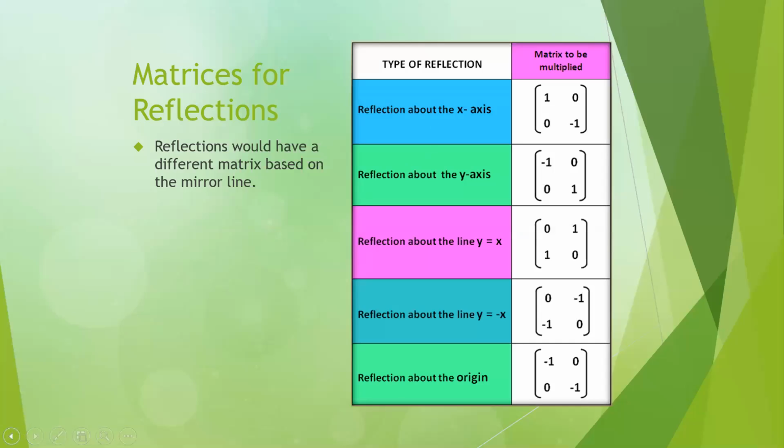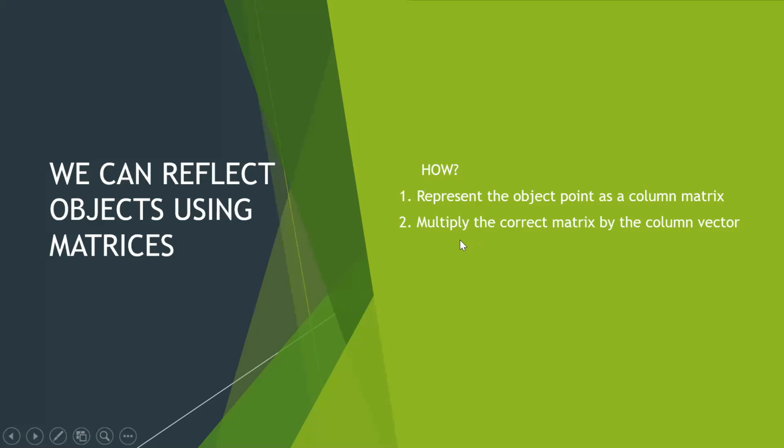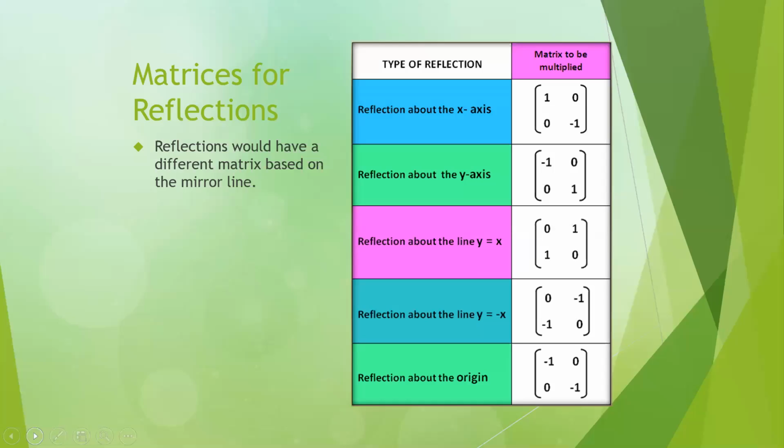Okay, in our previous slide, I said multiply the correct matrix. At one time you will be telling yourself, the correct matrix? That means there are several matrices. Yes, you are correct. There are several matrices, and they all represent a different mirror line. Because remember, reflections are transformations that occur over a mirror line.